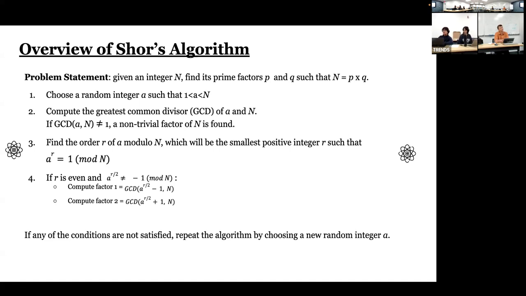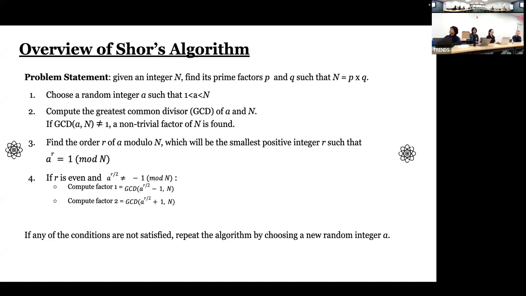The size of the integer also tells you how many numbers you have to check. You choose a random integer a such that a is greater than 1 but less than n. There's another variation of this algorithm that says this random integer a should be greater than n and less than n squared, but this is the one that I found.